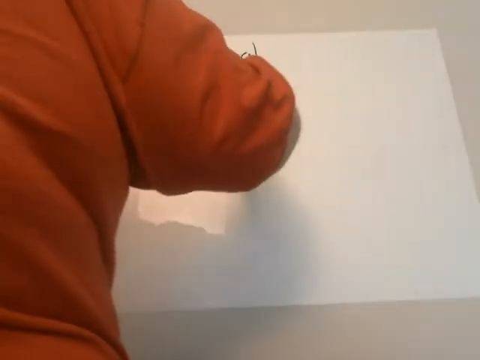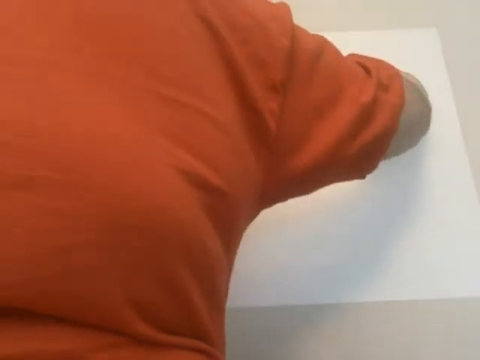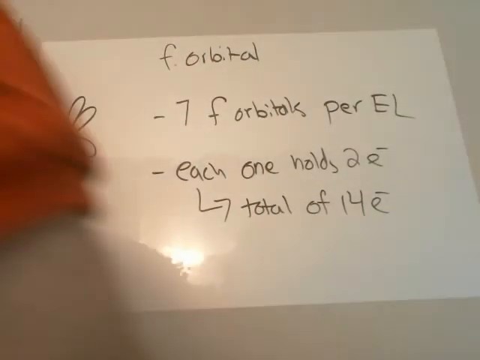We have 7 f orbitals per energy level. And then each one holds 2 electrons, which gives us a total of 14 electrons in the f orbital.